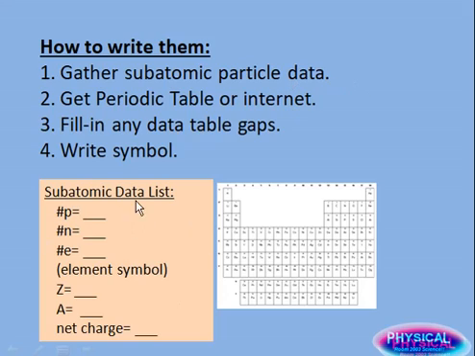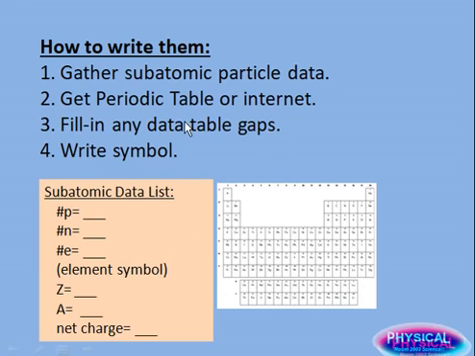And I've got this little form that I like to use and that I've encouraged you to use. If I can fill this form out, then I have everything I need to write the notations. So gather subatomic particle data, get the periodic table or internet. Once I have this, I will need either the periodic table or I can use this information to look up the element symbol on the internet.